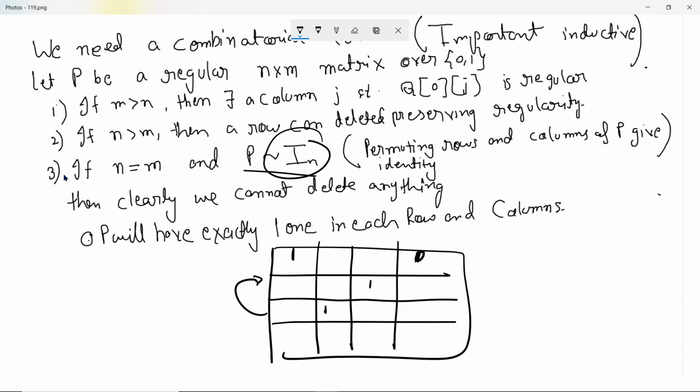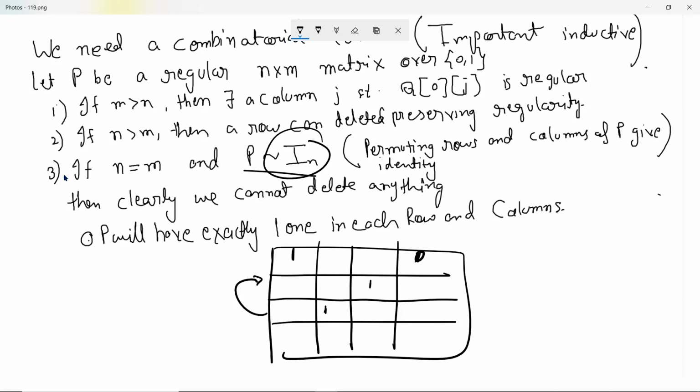So every row and every column having a 1 is the same as it being equivalent to the identity matrix. And it's very clear that now you cannot afford to remove any row or column, right? Because everything just fits uniquely.